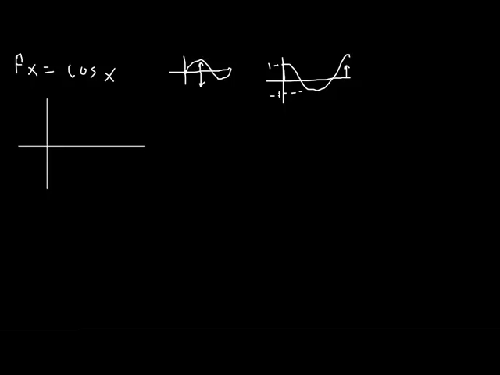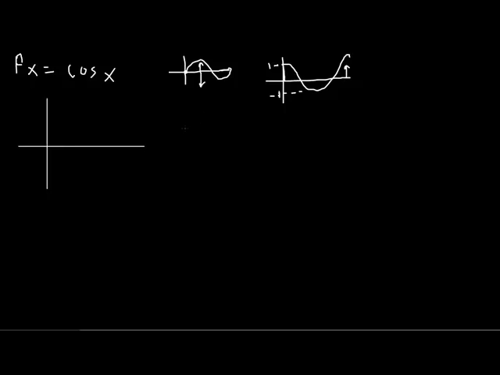It's how much it rises from the mean value, and the mean value is the middle of the graph. The middle of the graph should be right here somewhere. It's a bit too low, but you get the idea. The middle of the graph to how high they go, that's your amplitude.